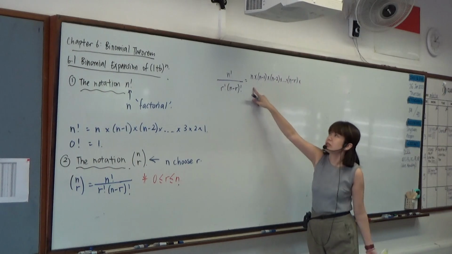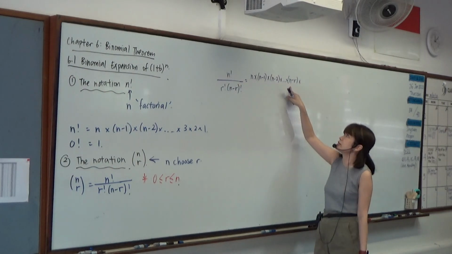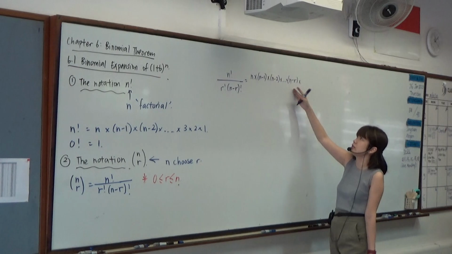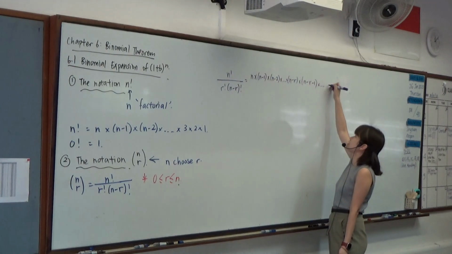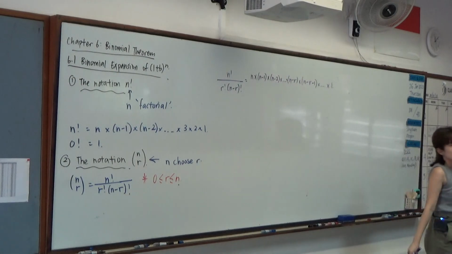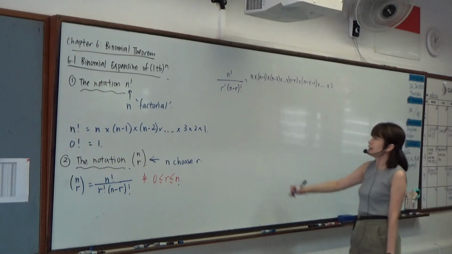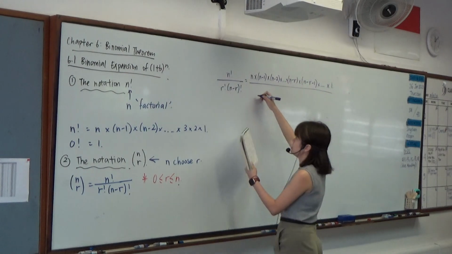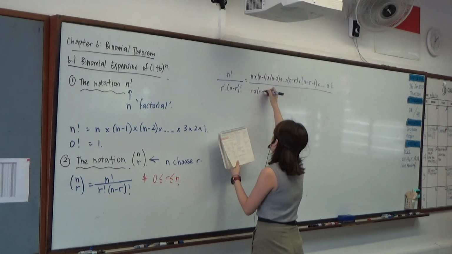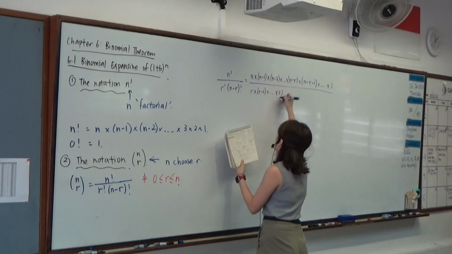So from n, we start to count downwards: n minus 1, n minus 2, somewhere in the sequence you will have n minus r, then maybe n minus r minus 1, and after that we stop at 1. Then r factorial will be r times r minus 1 and so on, down to 1.